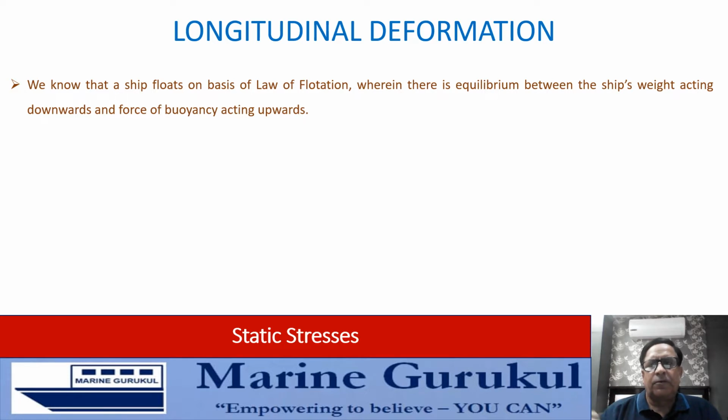How does the ship float, or why does the ship float? The ship floats because there is an equilibrium between the downward weight of the ship, called the displacement, and the upward force of buoyancy. When these two forces reach a condition of equilibrium, the vessel floats.